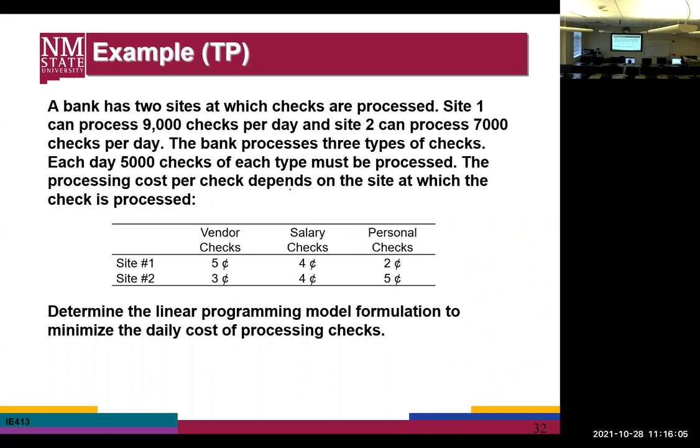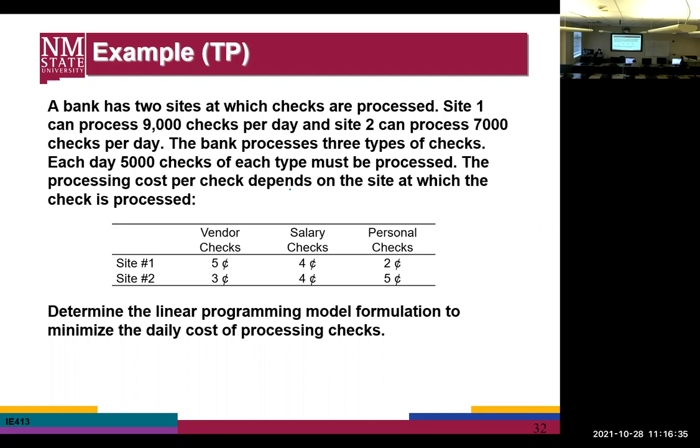Okay, so let's move on to the next example problem. Let me read the problem description first. A bank has two sites at which checks are processed. Site number one can process 9,000 checks per day, and site number two can process 7,000 checks per day.